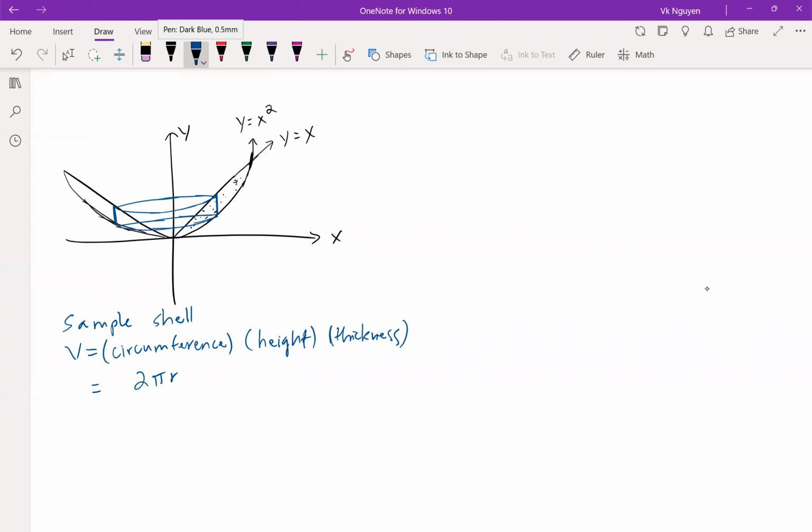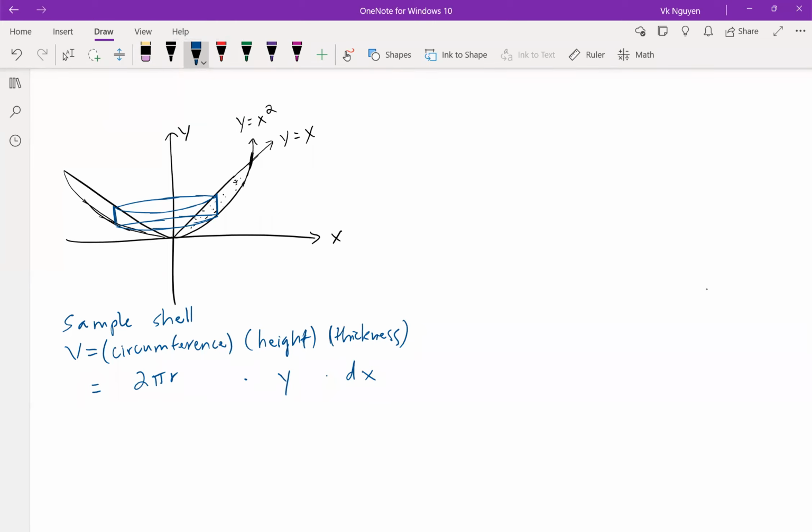The height is y, and then we can actually figure out this height right here. And then the thickness is dx. The reason why the thickness is dx is because this is a vertical stripe. So the thickness is just a small change in x.